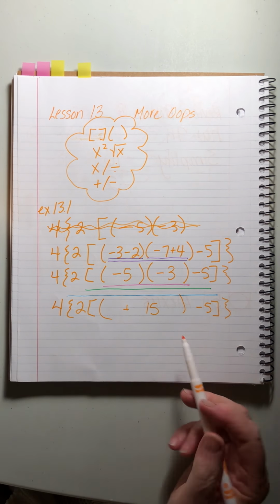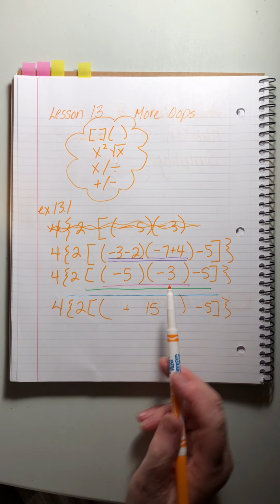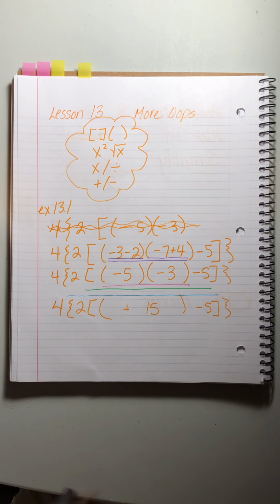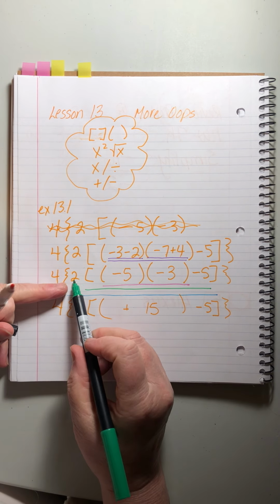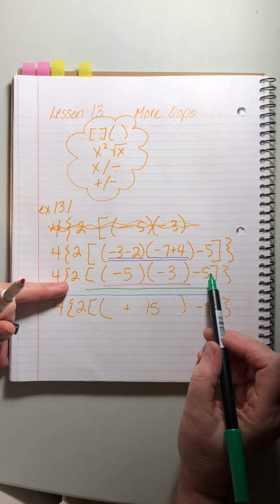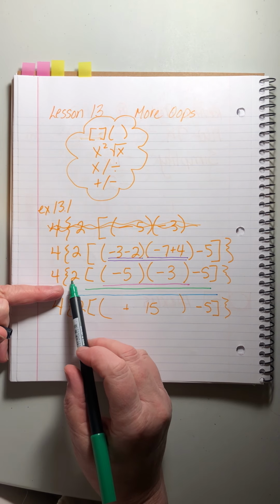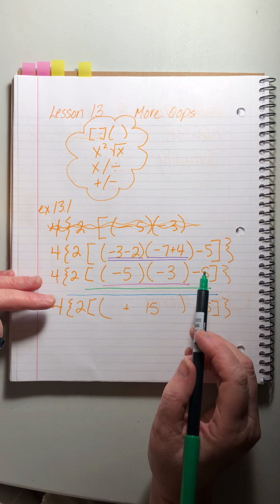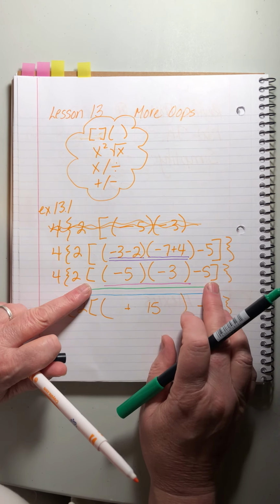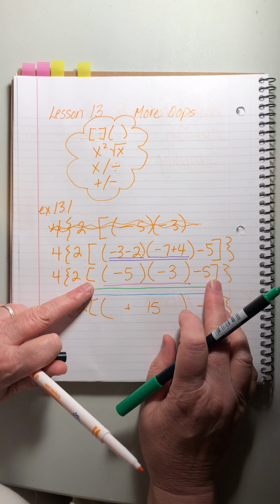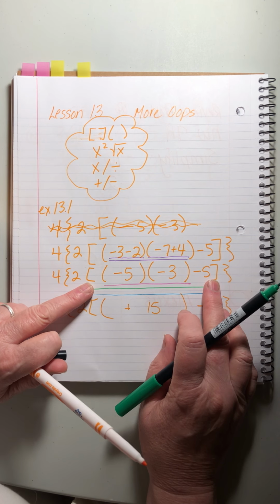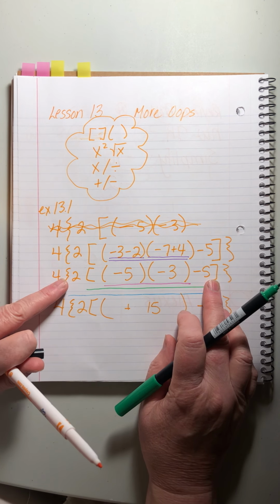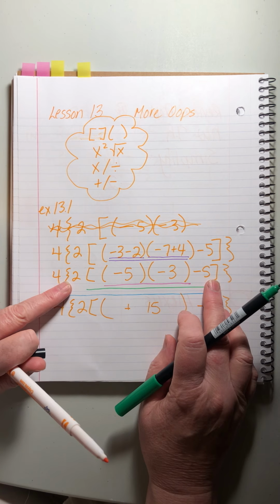Okay, now the next step, we've done the pink step, so now we're on the green step. This step is tricky because we see multiply by 2 and subtract 5. Well, we say, okay, we multiply first before we subtract 5. But if we look carefully, we see that's not quite right, because the minus 5 is within the square brackets, but the multiply by 2 is outside of the square brackets.